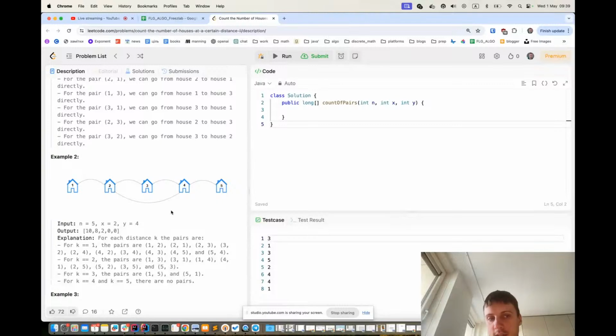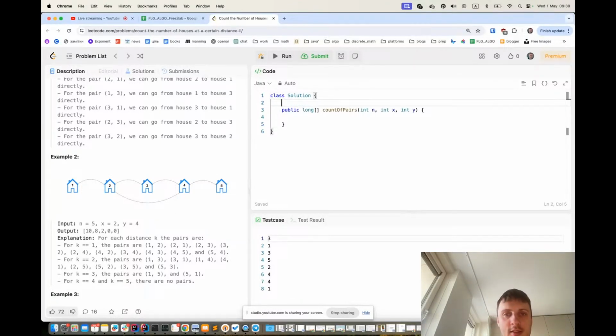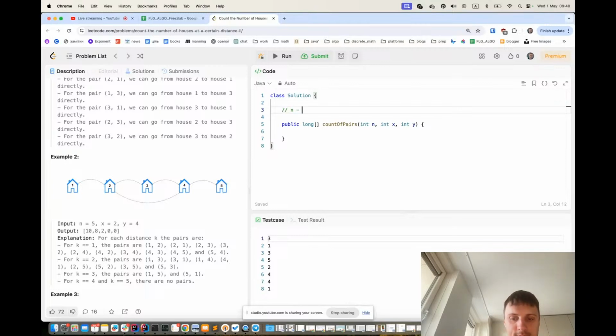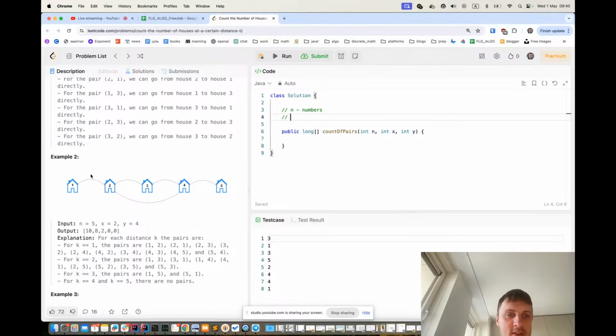yeah, so our task is actually to build all possible connections. So first of all, I think that if we have n numbers without this additional connection, then we can calculate actually how many connections do we have.